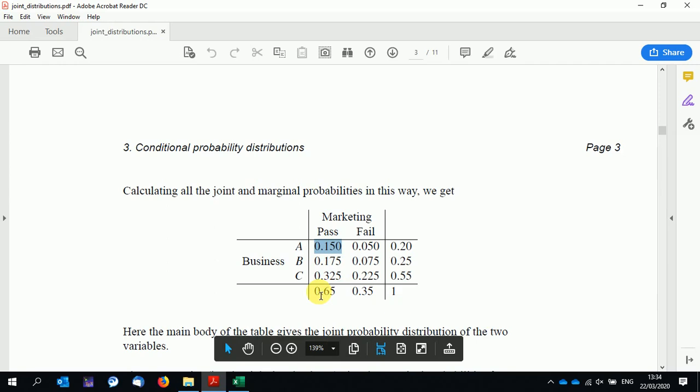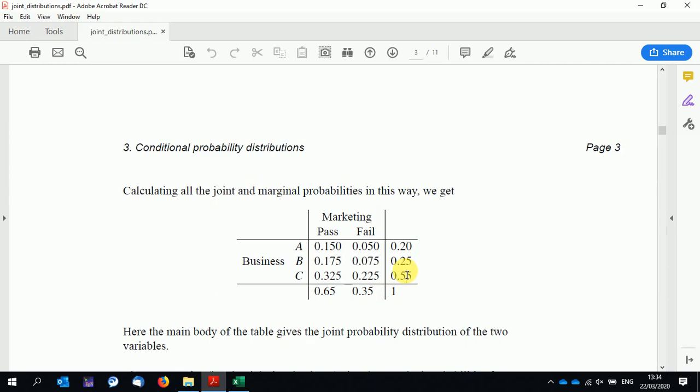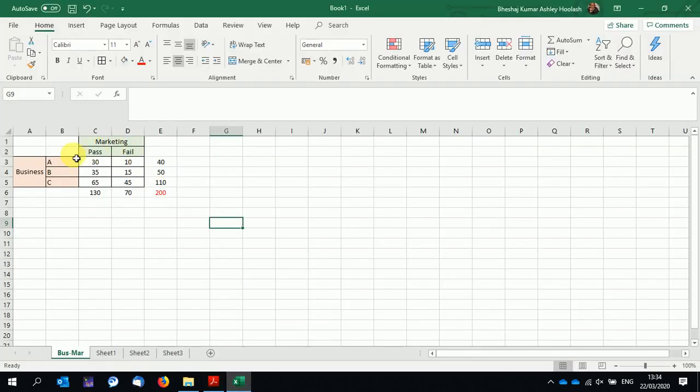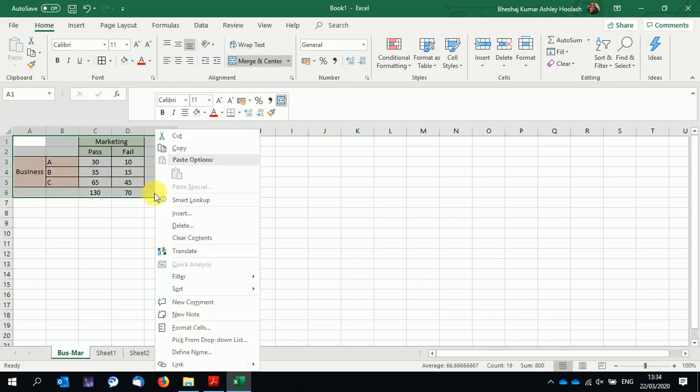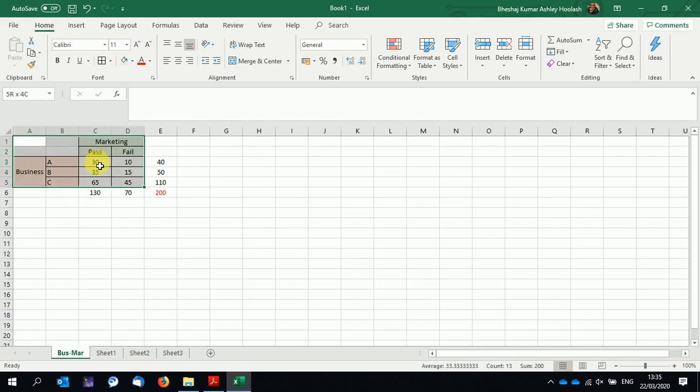And these would be the marginal probabilities. These five values here, 1, 2, 3, 4, 5, would be the marginal probabilities. Now, I said you should try this, but if I have to do this quickly, then okay, let's just quickly try to do this.